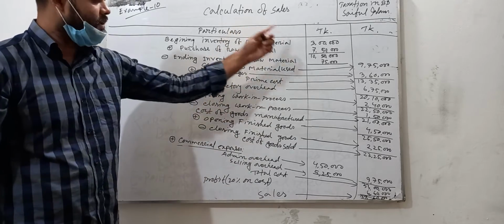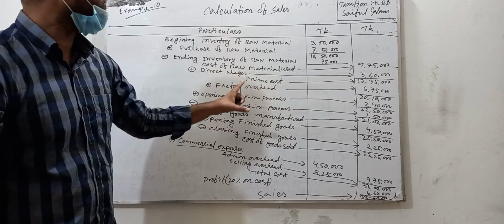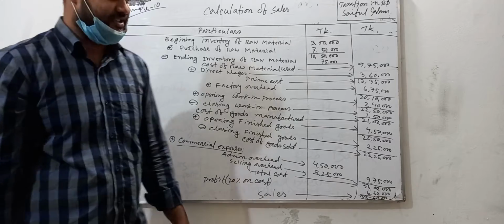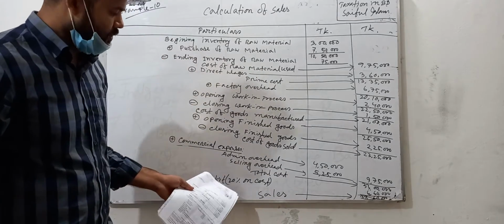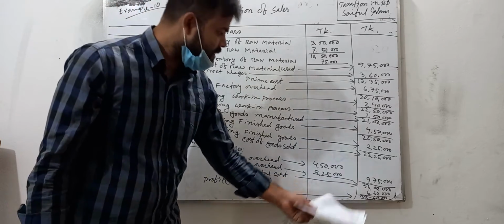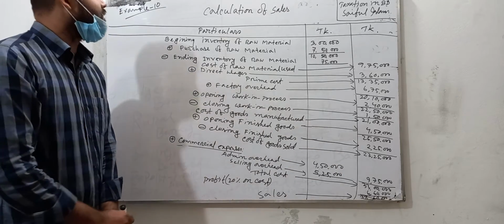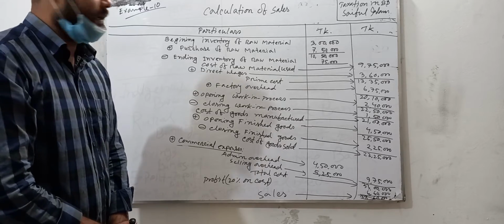Actually, that table is made only to find out the calculation of sales. Dear student, here sales is 39 lakh 60,000, and now the second step is calculation of VAT.